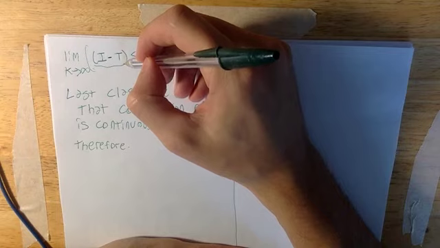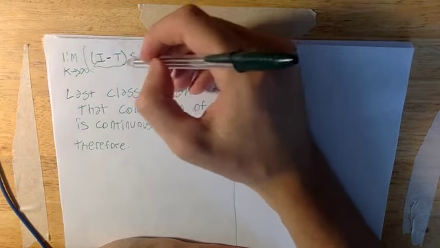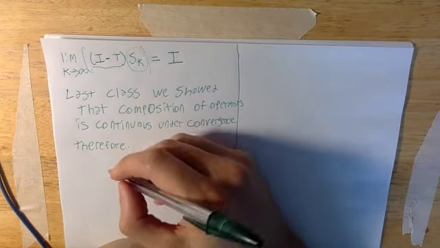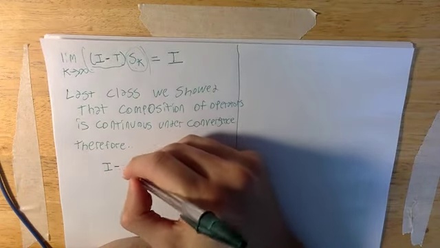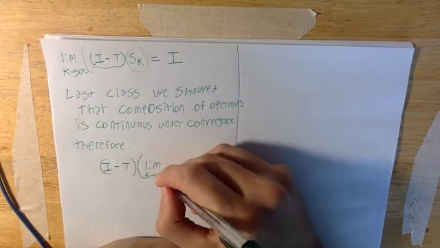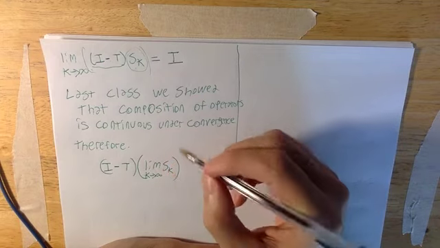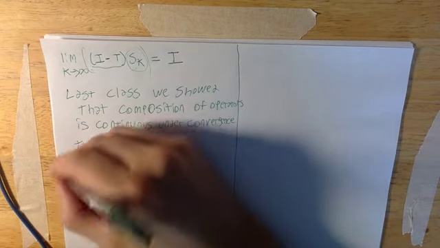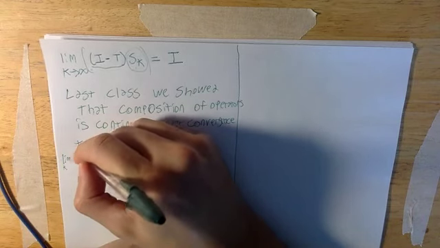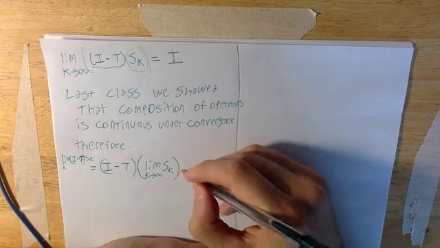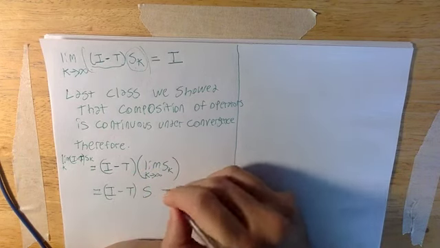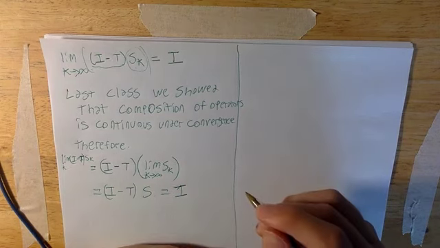So we can distribute the limit when k goes to infinity in I minus t, and we can distribute the limit as k goes to infinity in s_k. And so then what we have is that I minus t times the limit as k goes to infinity of s_k is the same as the limit outside of I minus t times s_k, which in turn is equal to I minus t times S, which is equal to the identity.